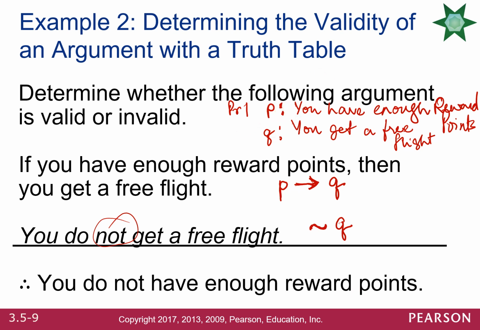So that's going to be not P. Okay, so when we put together all this, we will come up with a complete symbolic statement, with conjunction and everything. And then we will have to create a truth table. But let's go on to the next slide to see how they have worked the first step of the process.